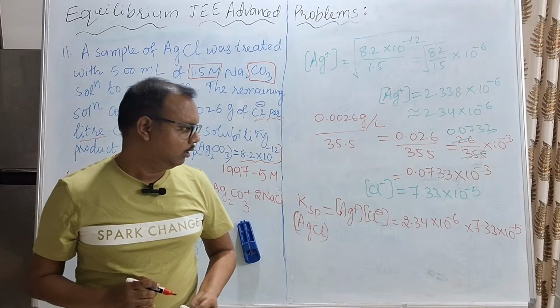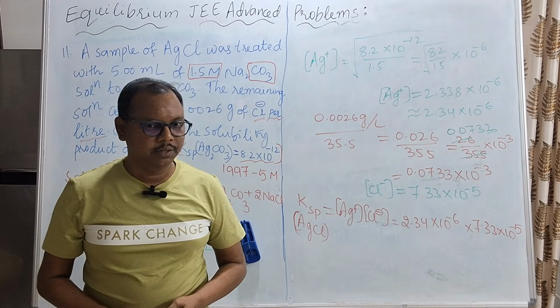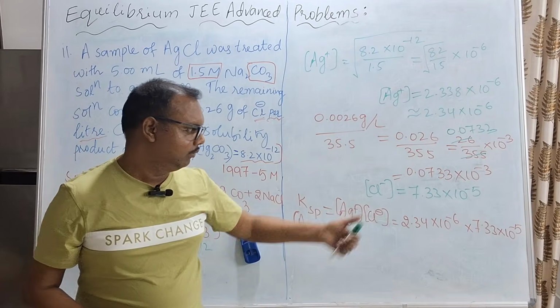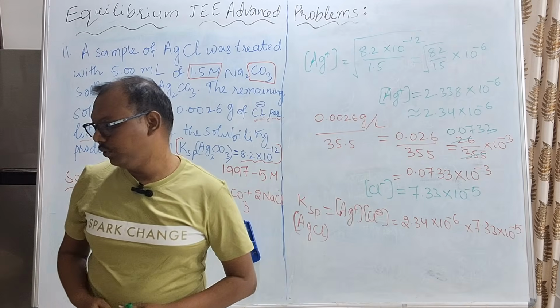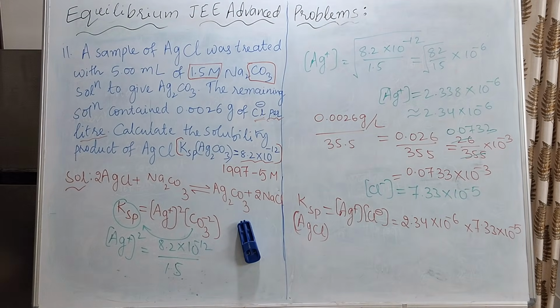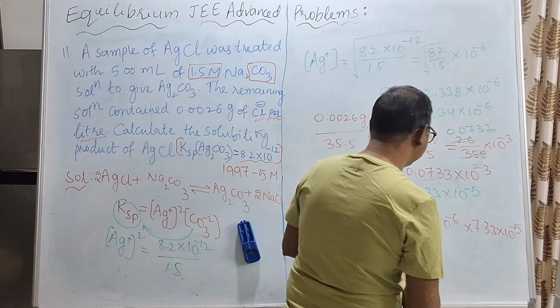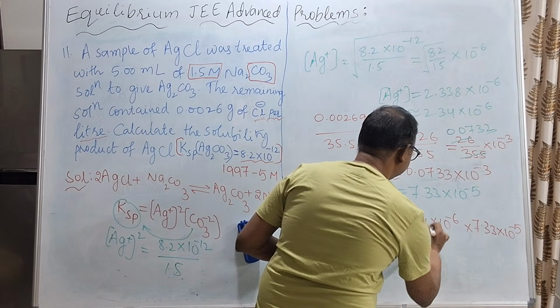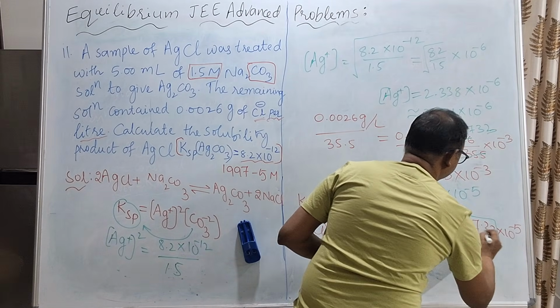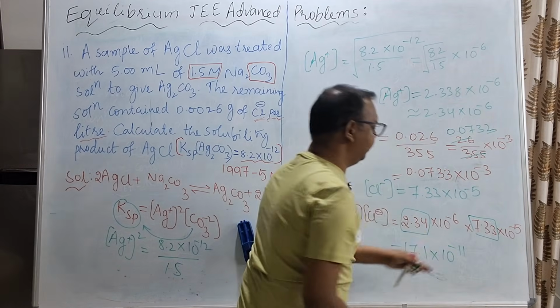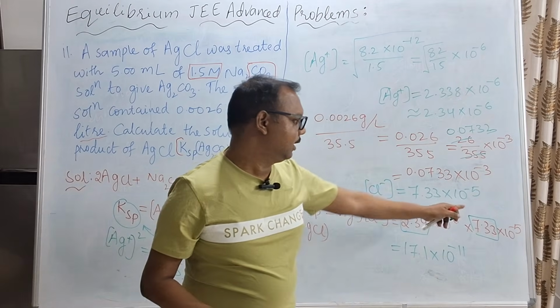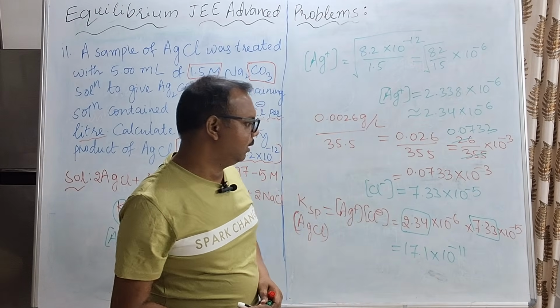Here the overall value: 2.34 into 7.33, if you multiply these two values, we get 17.1 into 10 power minus 11.